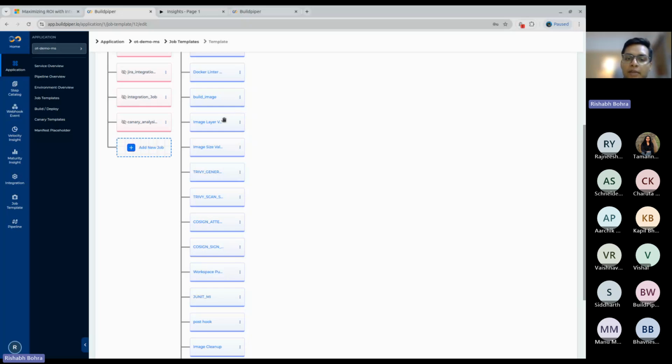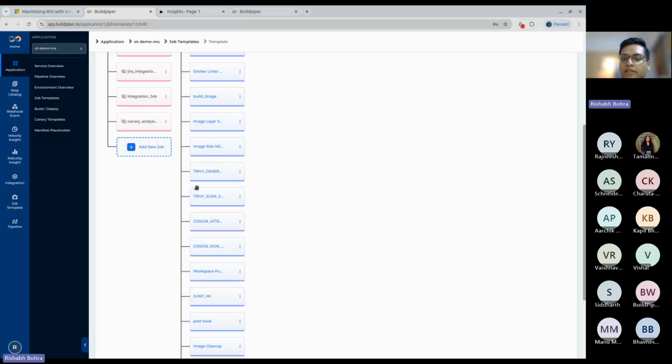For example, we have the image layer validator and the image size validator, which can be integrated as part of the workflow. Certain standards could be specified in an organization, such that for a Dockerized application, the number of layers should not exceed a certain amount, and the size of the Docker image should not exceed, let's say, 500 MB or 1 GB, etc.